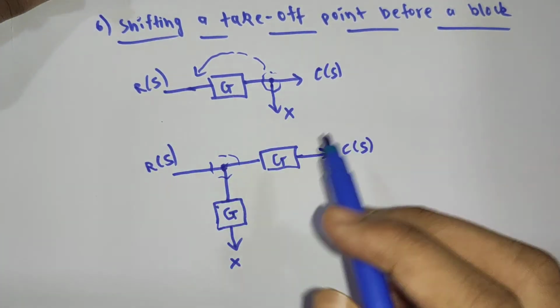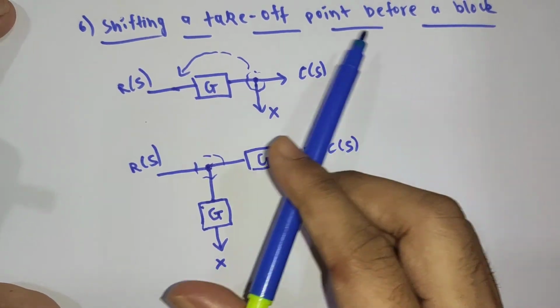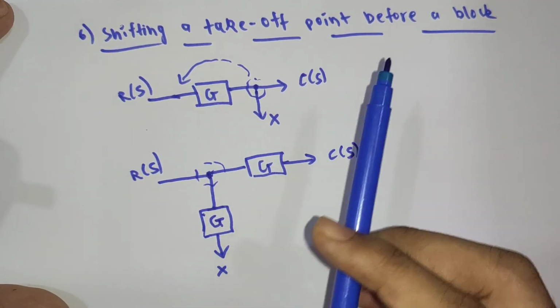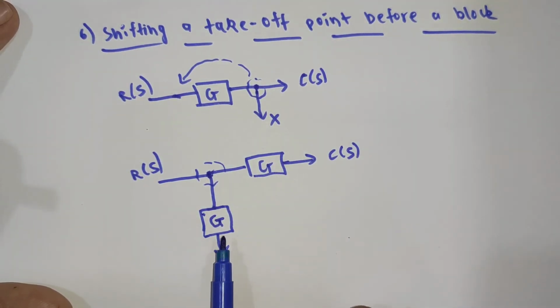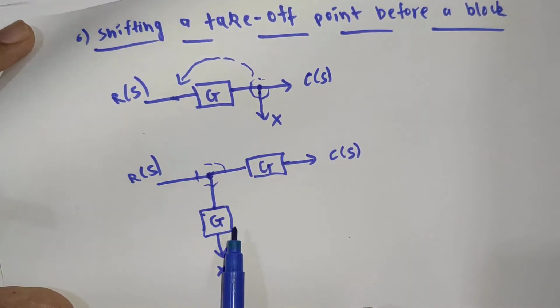This is similar to shifting a summing point after a block; in the takeoff point it's before a block. The rules are the multiplier which we have to add to the feedback loop.